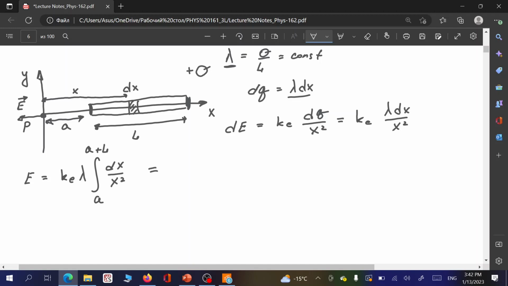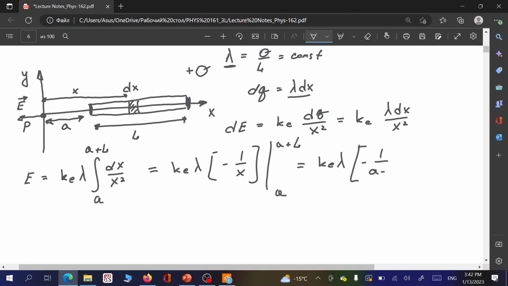So we integrate it, and we get Ke times lambda times minus 1 over x, from A to A plus L. We end up with Ke times lambda times minus 1 over A plus L and plus 1 over A, taking into account this negative sign.